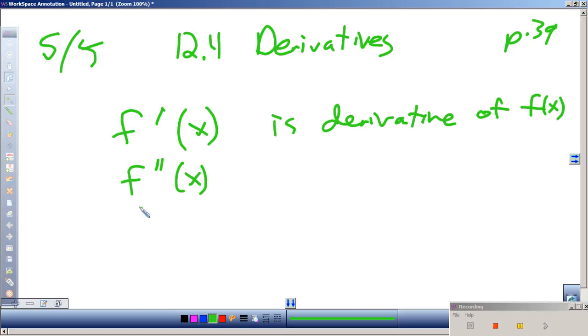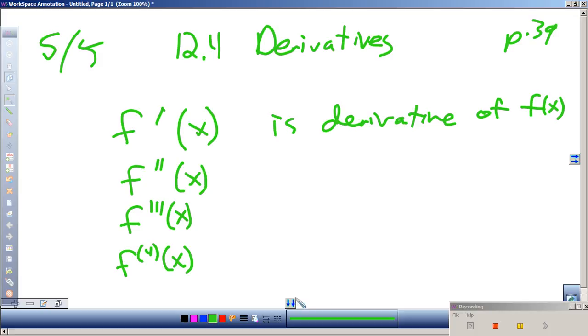Third derivative, same sort of thing, 1, 2, 3. We take the derivative of f of x, or f prime, in order to get f double prime. Take the derivative of this one to get the next one. After 3, you typically start doing something like that. You're probably never going to see those, or very seldom, not in this class at all. But first and second derivatives are used a lot.